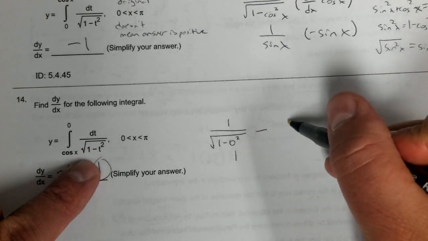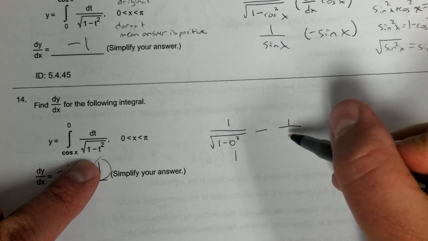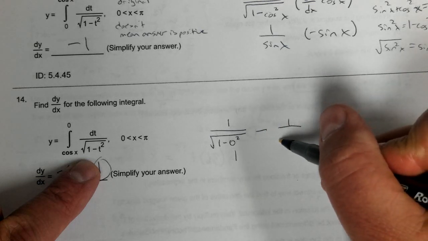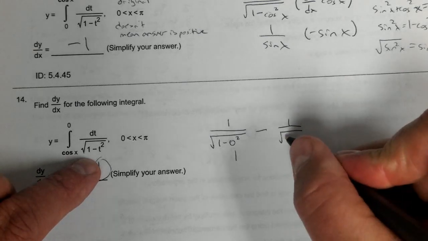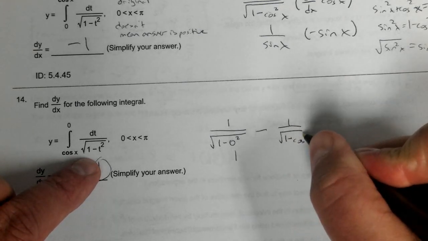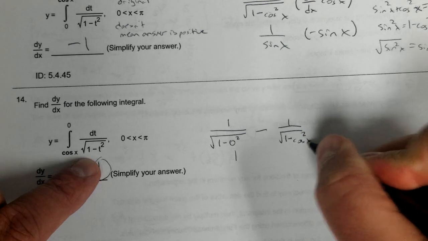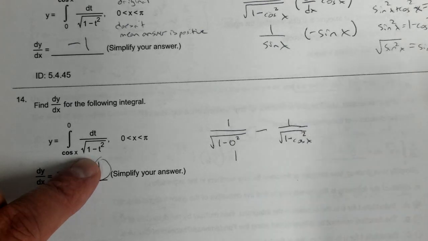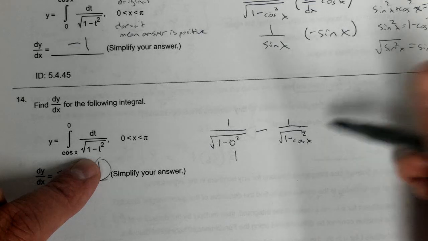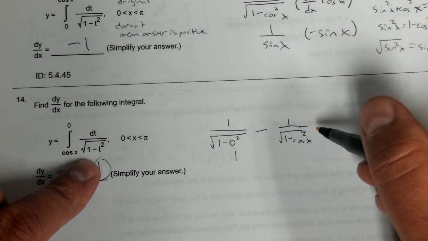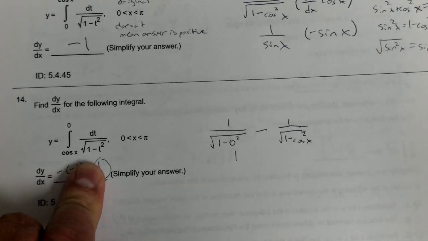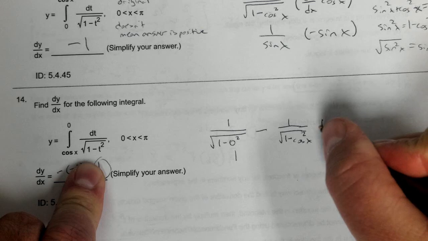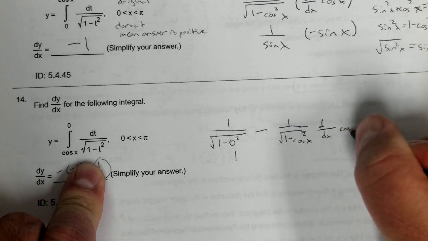Then minus 1 over the square root of 1 minus cosine squared x. And so this one, and then we would need the derivative also. Let's see, the derivative with respect to x of cosine x.